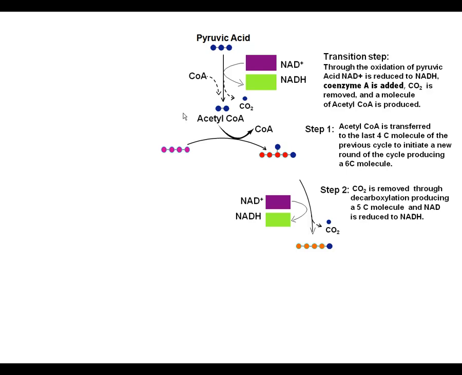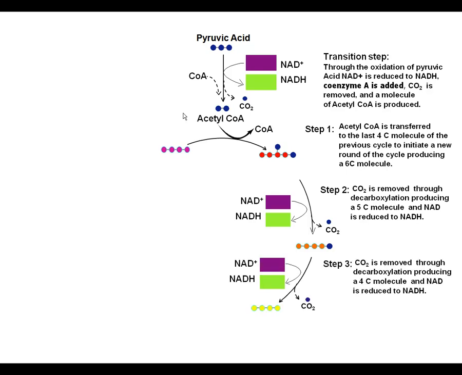We are now down to a 5-carbon molecule. This 5-carbon molecule, we're going to go through the same process of oxidation and reduction. We're going to oxidize the 5-carbon molecule. We're going to reduce NAD to NADH, and we're going to release our last carbon dioxide. And we have now metabolized all of the carbons out of our pyruvic acid.